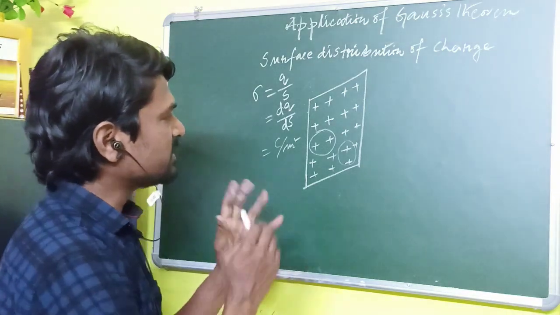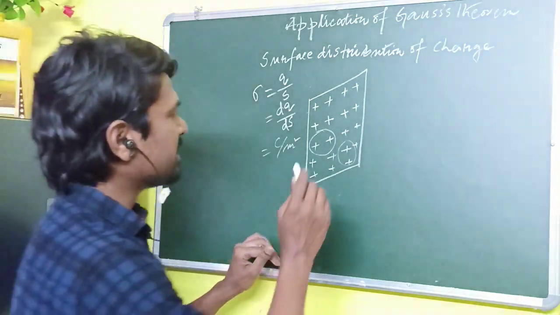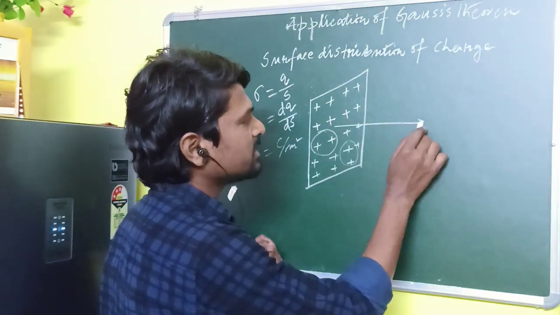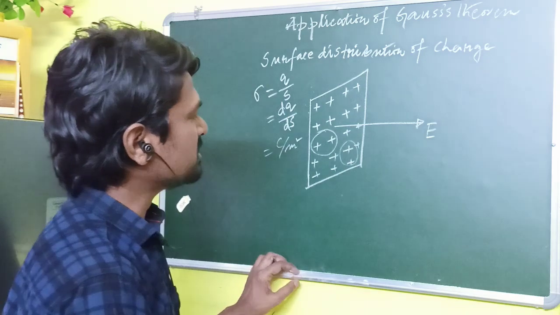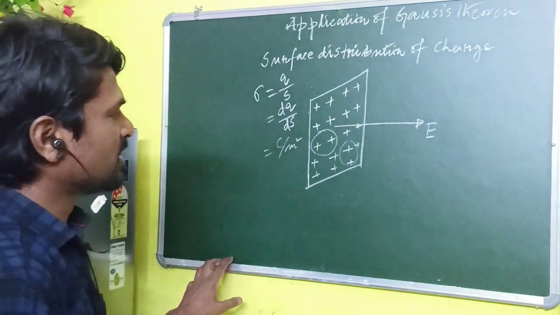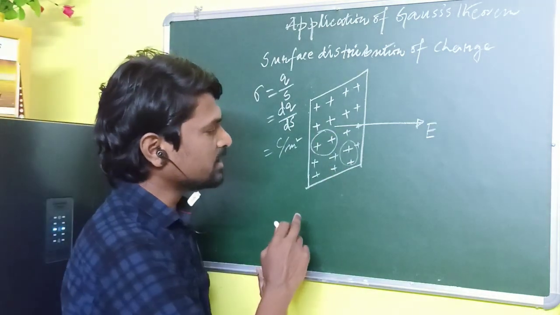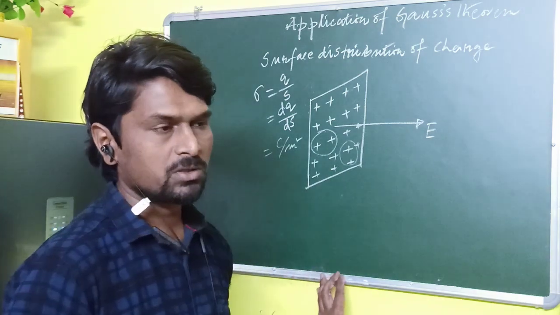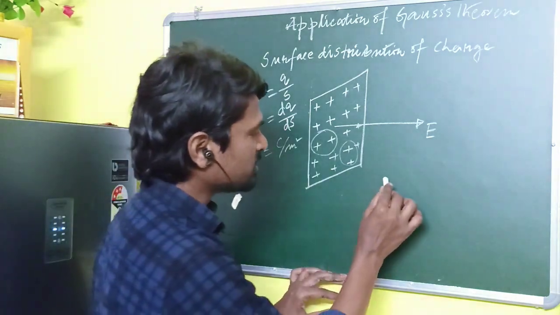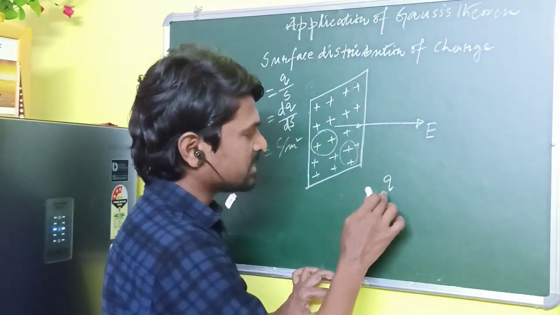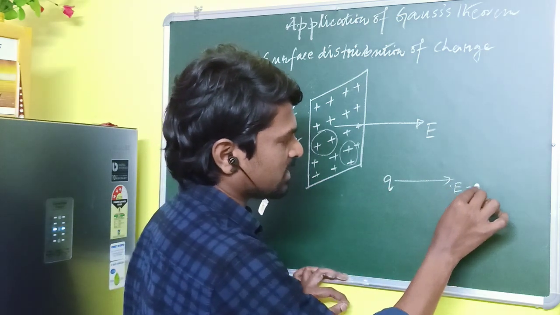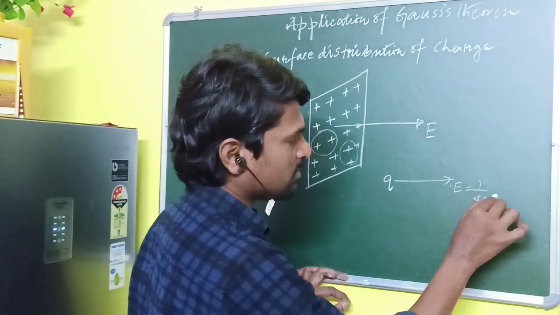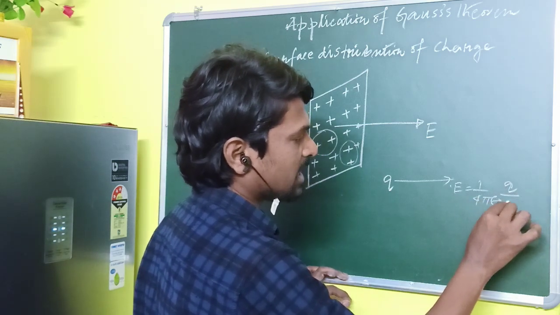So there is a surface distribution of charge, and you have to calculate the electric field somewhere due to this distribution. But you cannot apply Coulomb's law here, students, because Coulomb's law states that if there is a charge, then it creates a field, and at a particular point the field is 1 by 4 pi epsilon naught q by r square.